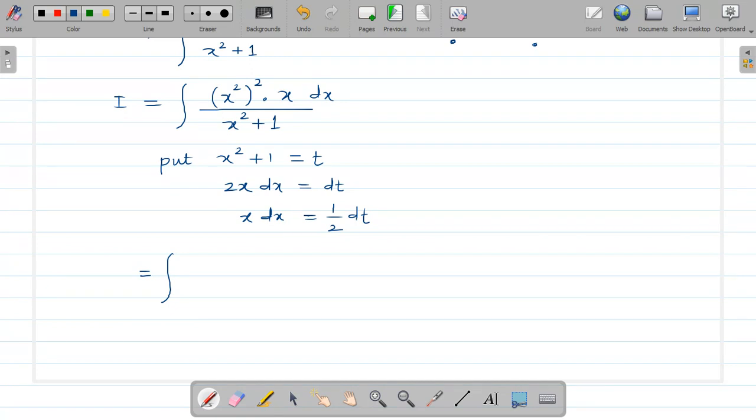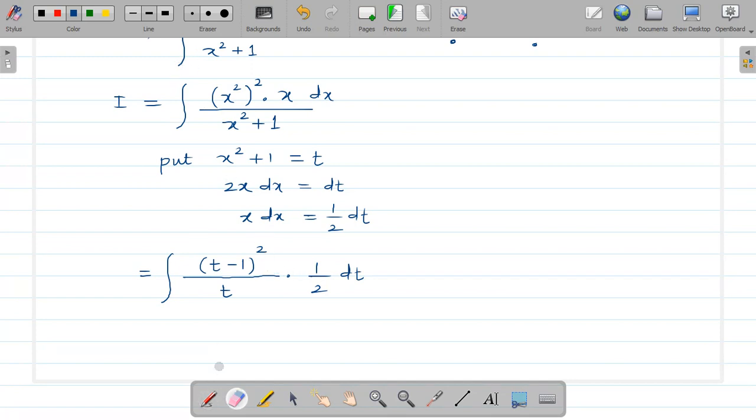So what is x square? X square will be t minus 1. So t minus 1 bracket square into x dx can be replaced as 1 by 2 times dt, divided by x square plus 1 means t, into x dx means 1 by 2 times dt. Okay, so we get this step.